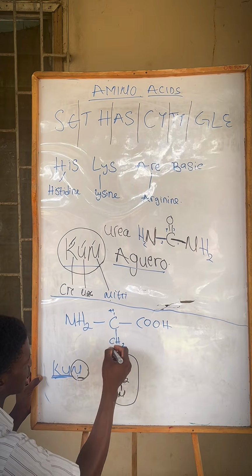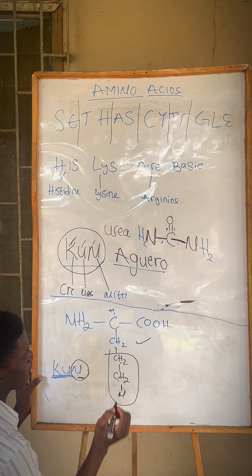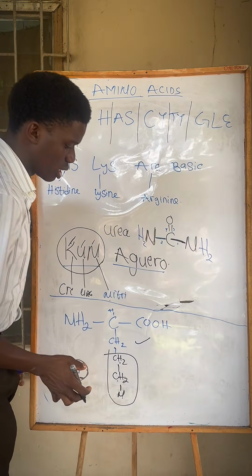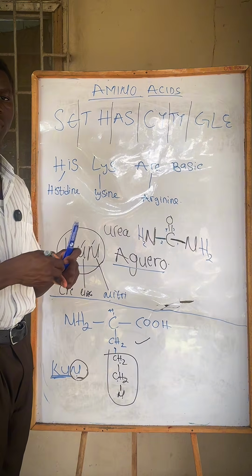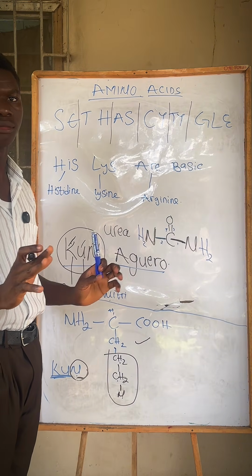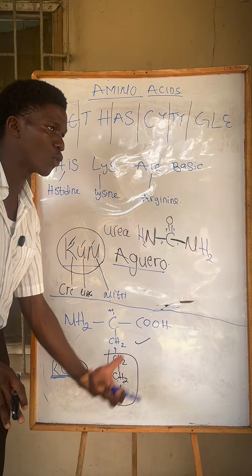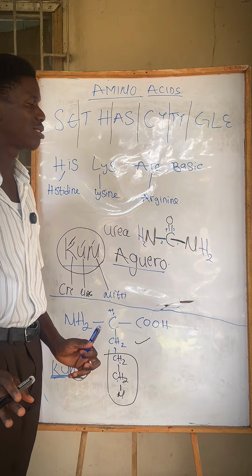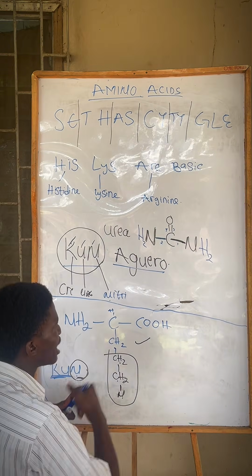Do you understand it? So after the alanine structure, add your KUN: CH2, CH2, then N. After drawing this, the next thing you need to add is just the structure of your urea. And that is the structure of your arginine. Alanine, add your KUN, then put the structure of urea there, and that is the structure of your arginine.